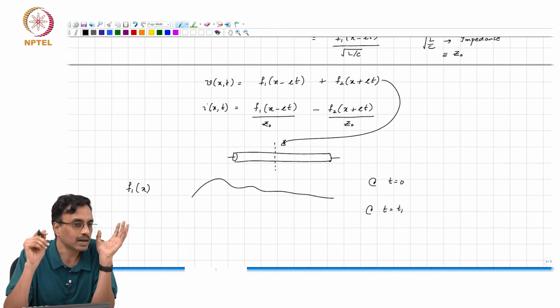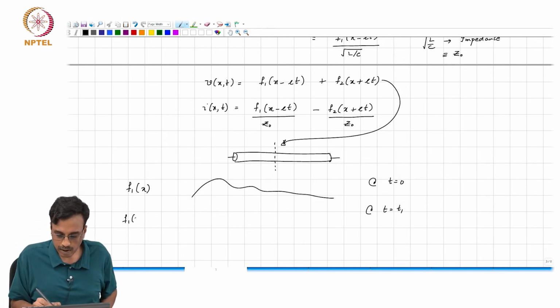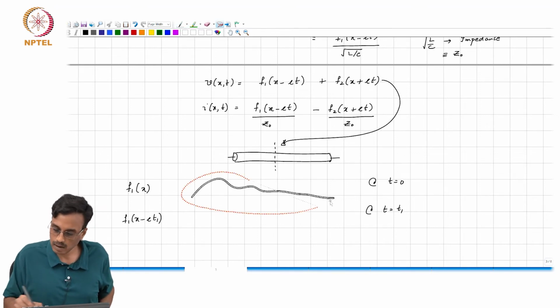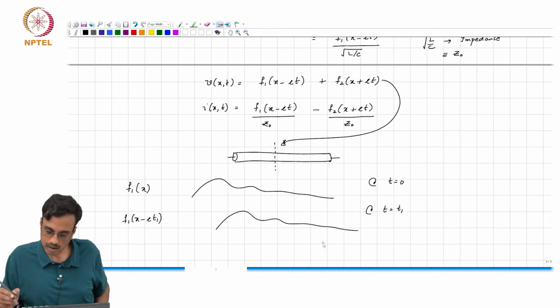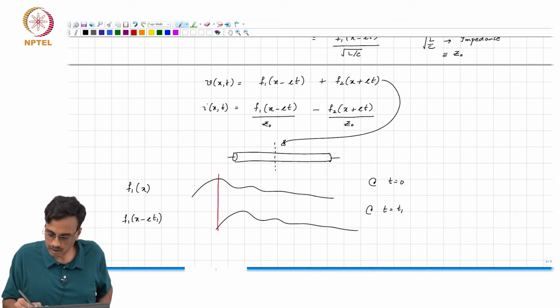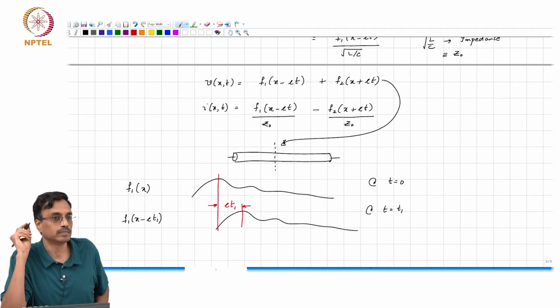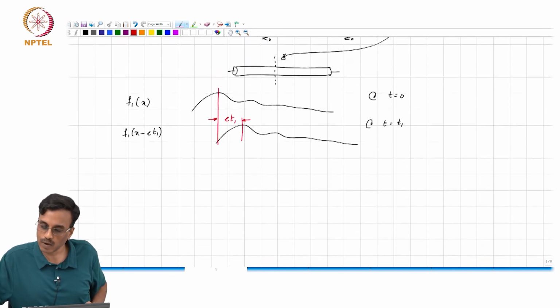I do the same thing again. All that it says is this is going to be F1 of x minus C times t1. So, it is going to be shifted by C times t. Alright. So, at t2 greater than t1, how will this look?